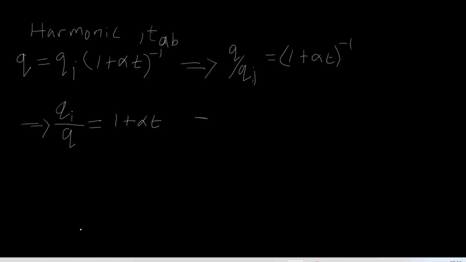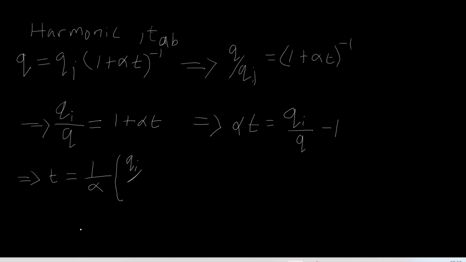Okay, so from here we can take our 1 to the other side, and we're left with alpha t is equal to qi over q minus 1, right? Now, dividing both sides by alpha, we then have that our t is equal to 1 over alpha, multiplying everything, qi over q minus 1.